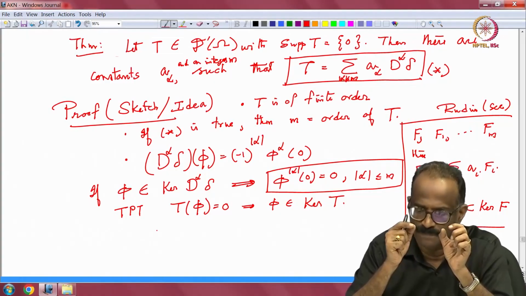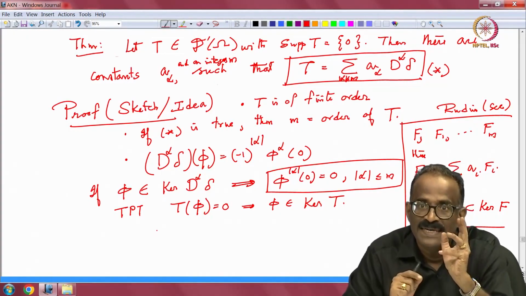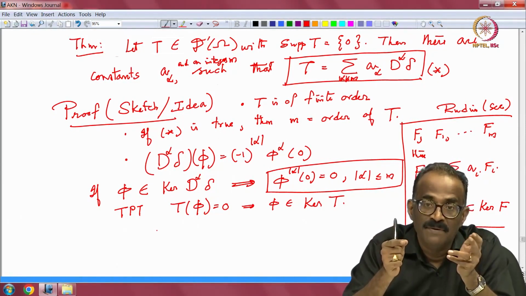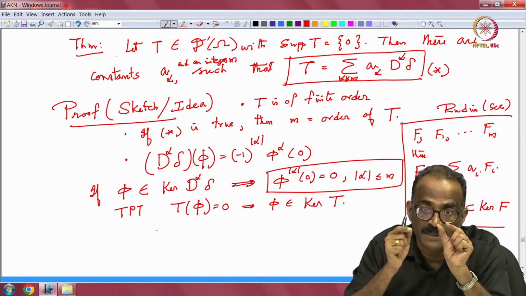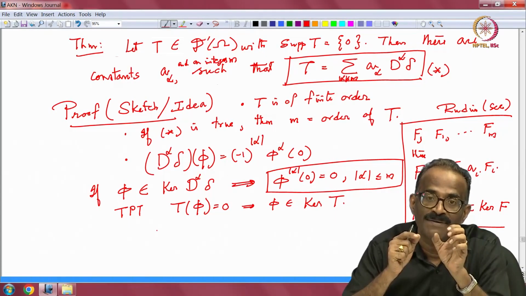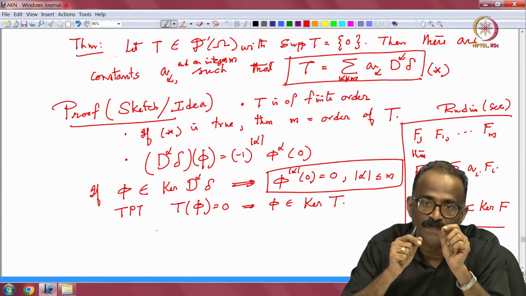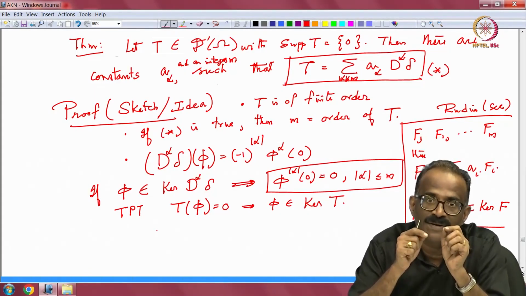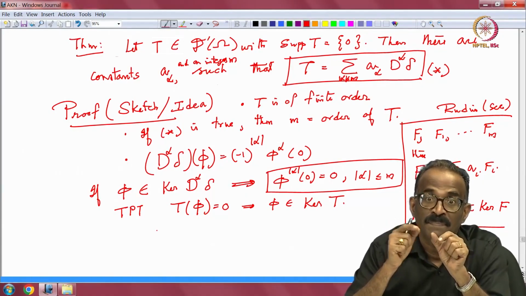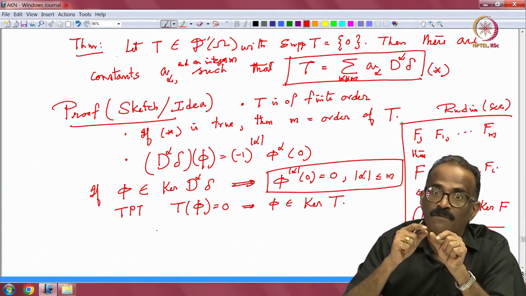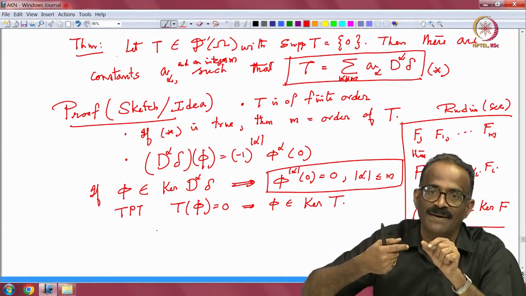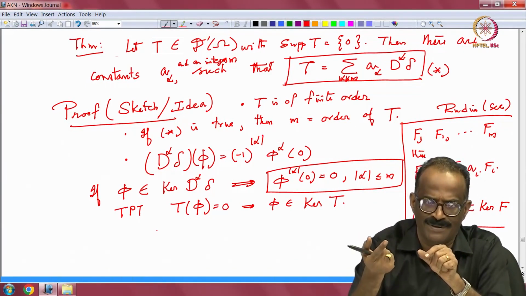Second, the alpha-th derivative of phi at 0 is equal to 0, so it will remain small in a neighborhood of 0, for all mod alpha less than or equal to m. And derivatives with mod alpha greater than m will not contribute to T, because T is of finite order in the estimate.